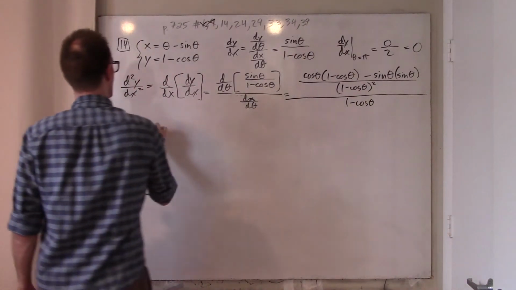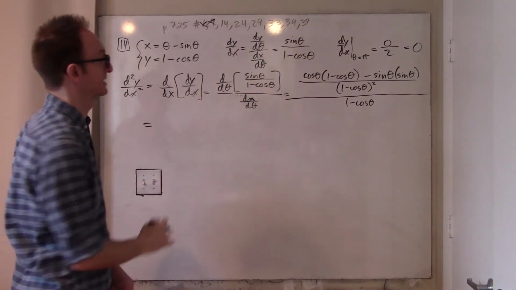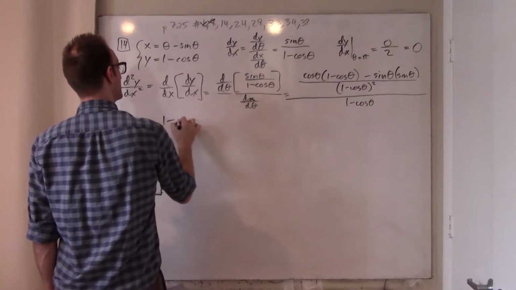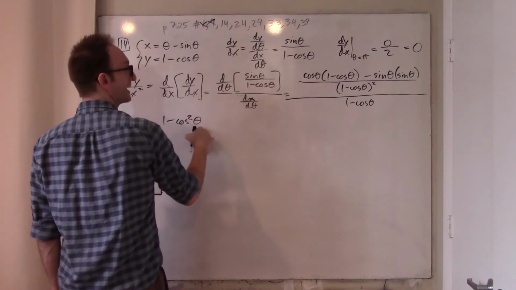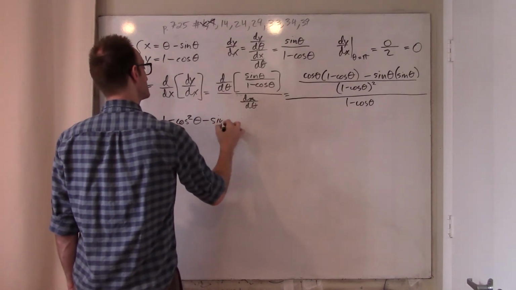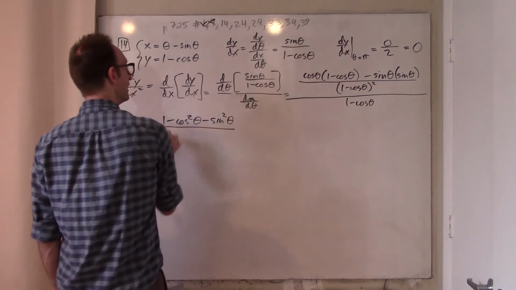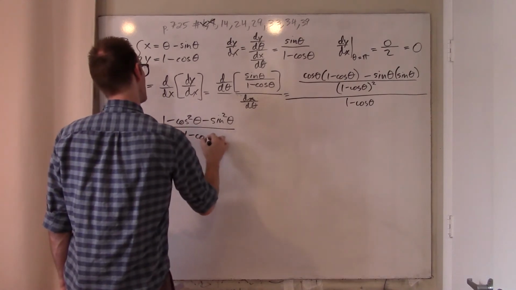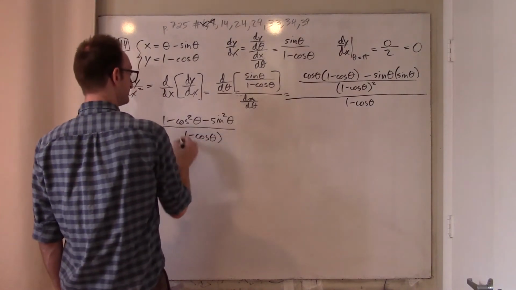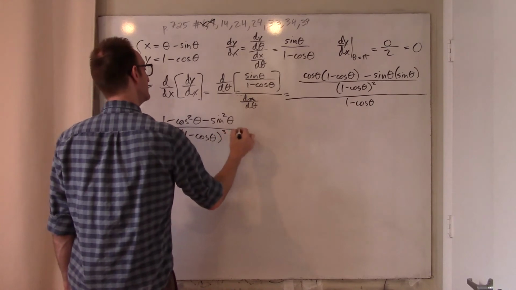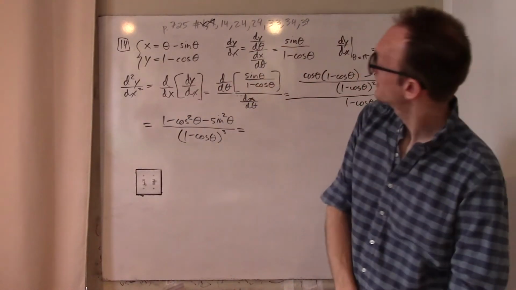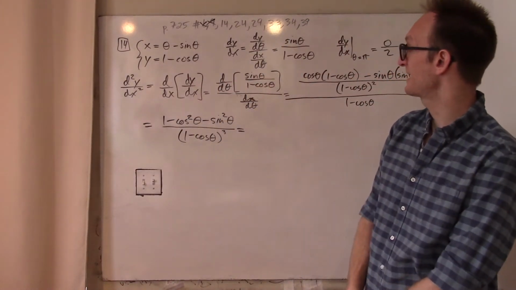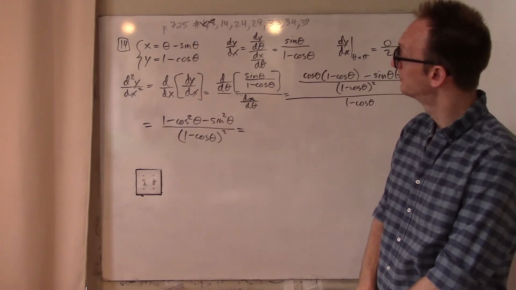Okay, so we end up with 1 minus cosine squared theta minus sine squared theta over 1 minus cosine theta cubed. But then this is a little bit of a silly problem because I guess this is just 0.